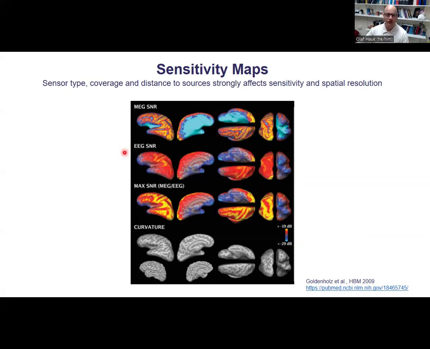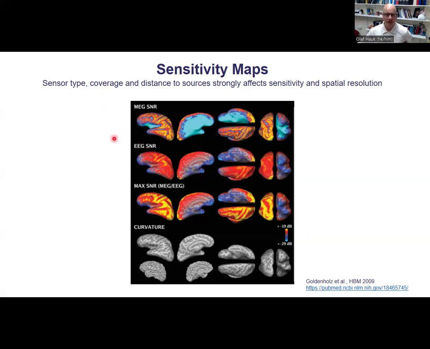Another observation you can make here, EEG seems to be less sensitive to these more anterior sources, anterior temporal, frontal sources. I think you can also see a little bit of that here in the MEG. It's not necessarily a general property of EEG or MEG that they are less sensitive to frontal sources. It also depends on where the sensors are, of course.